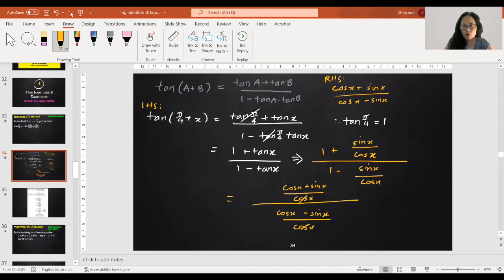So what I have left is cos x plus sin x all over cos x minus sin x, which is the same as the right-hand side. Yahoo! So left-hand side equals right-hand side. Excellent. So we just proved that.